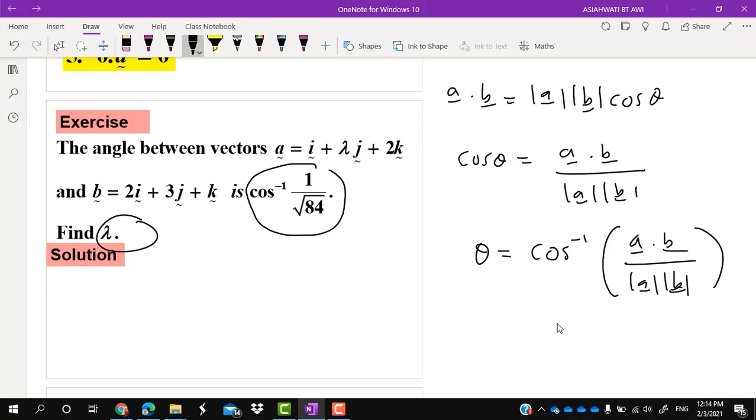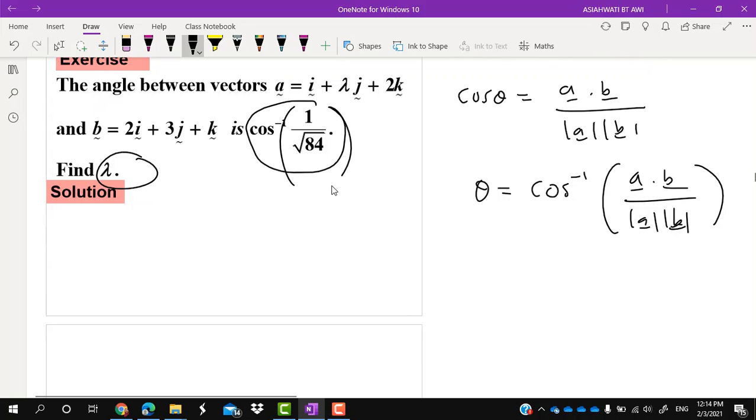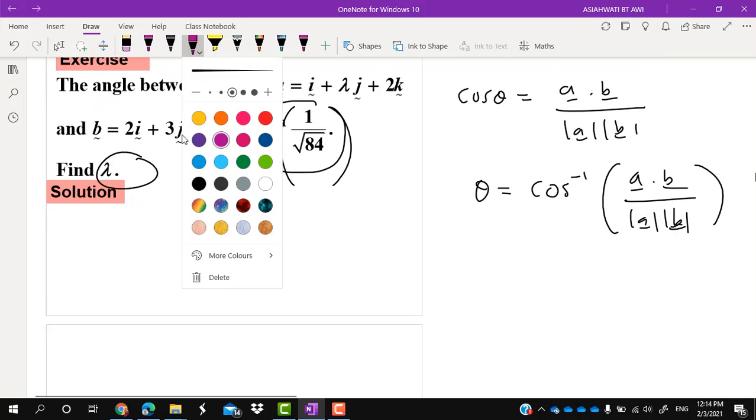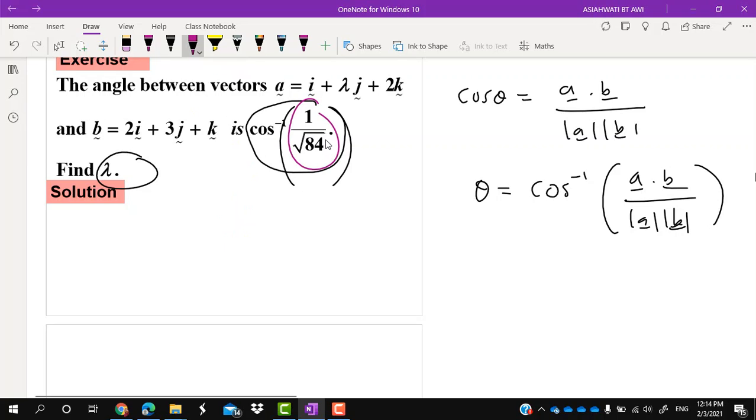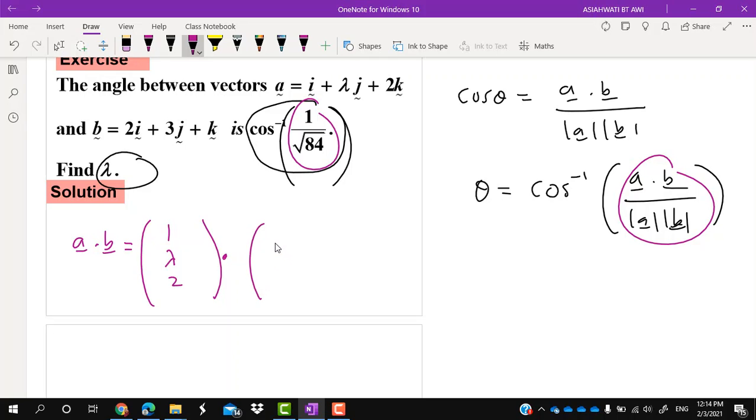Then we can compare what is inside the bracket. You can say that 1 over square root of 84 is equal to vector A dot vector B over modulus A modulus B. First you need to find vector A dot vector B. Change to matrix form: 1, lambda, 2 dot vector B 2, 3, 1.